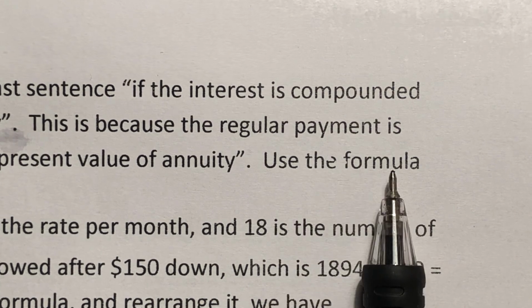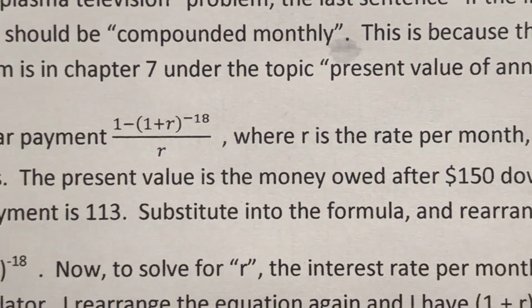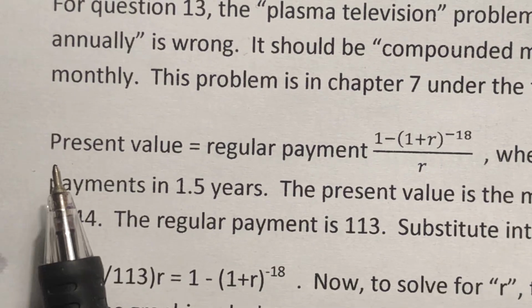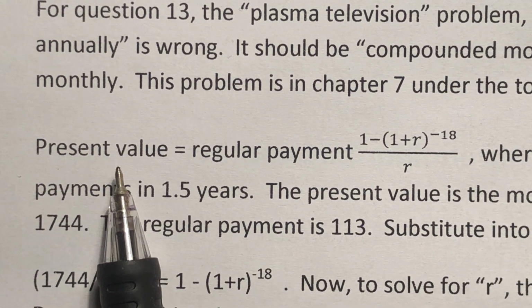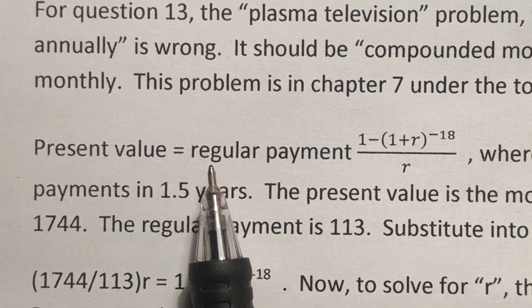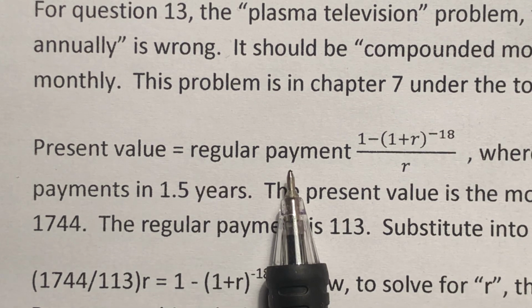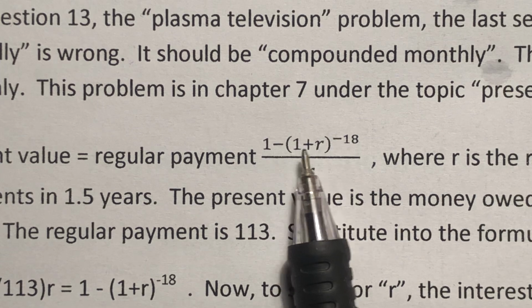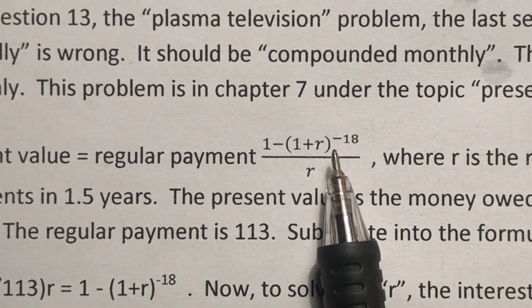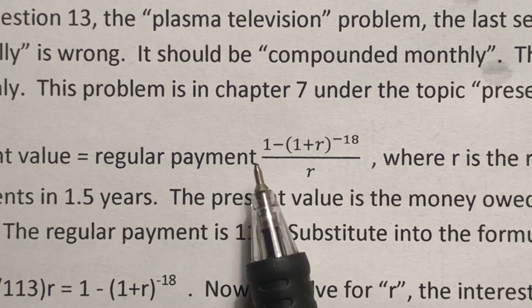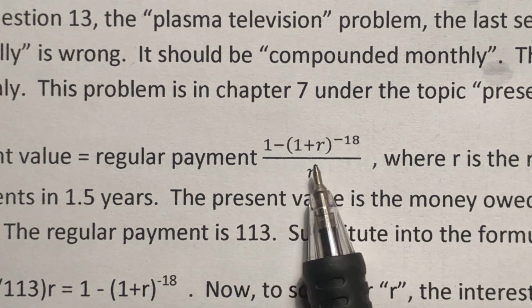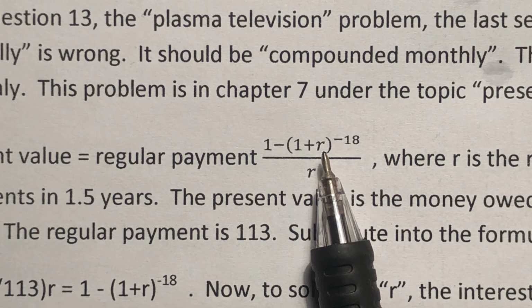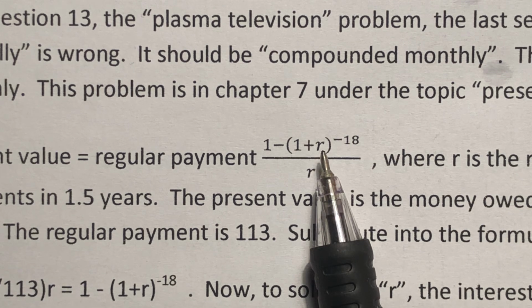Let's use the formula for present value. The present value is equal to the regular payment multiply 1 minus the bracket 1 plus r to the exponent negative 18 divided by r. Now what is r? R is interest rate monthly because the payment is monthly.